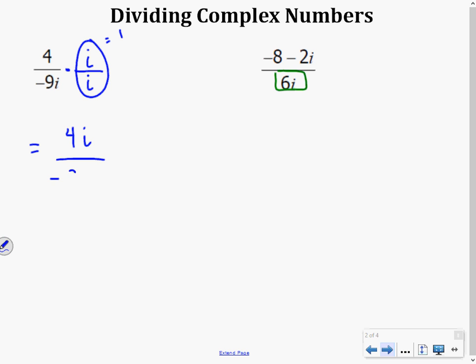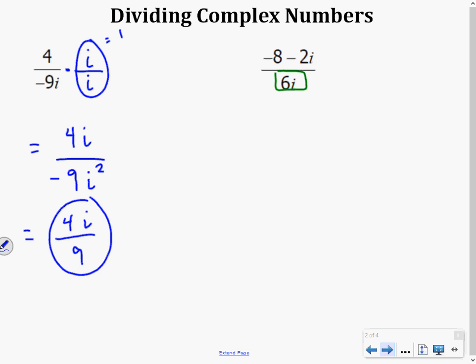That denominator has an i squared that I can replace with a -1 now. So my denominator becomes a +9, and I have simplified that expression. We don't like imaginary numbers to be in the denominator. We want to get them in the numerator, so this is a way to do that.